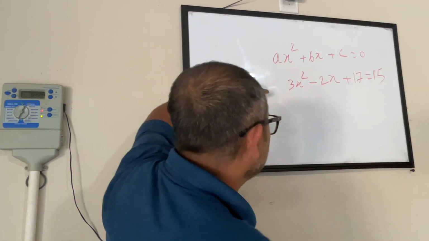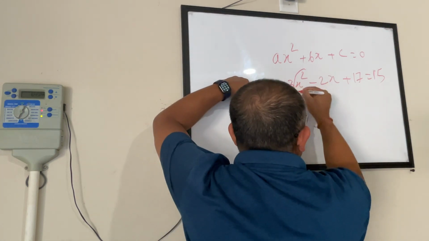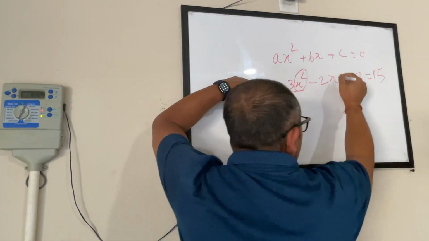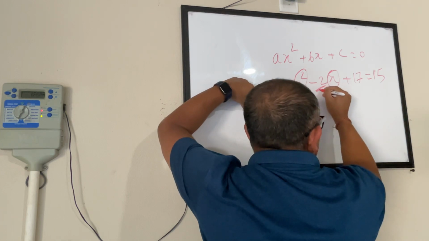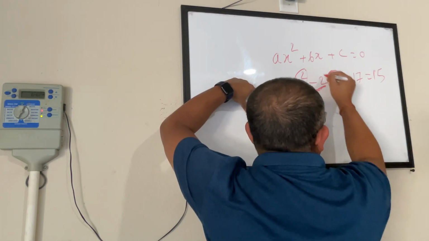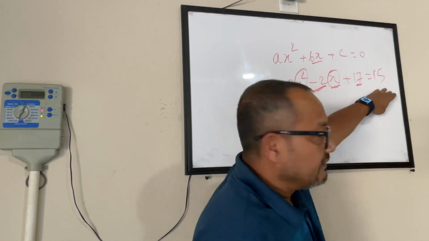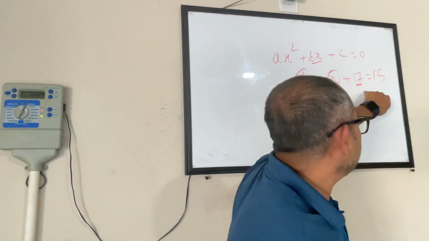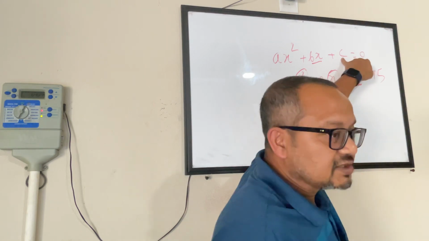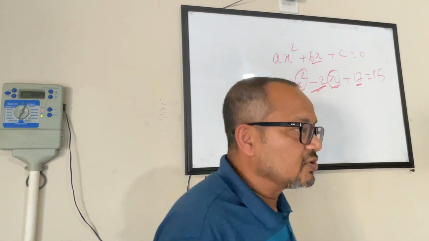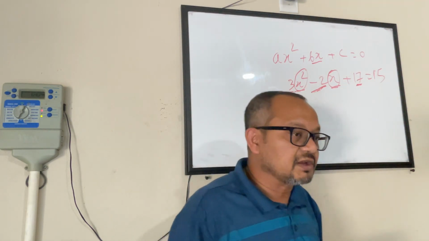But look at this, this is a, because it's the coefficient of x square. This is b, because this is the coefficient of x, and this is the constant part. And when you put all the constants on one side, this becomes basically c. So this is the simplest form of a quadratic equation.